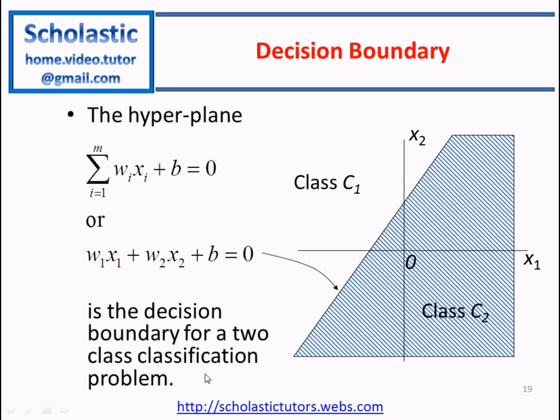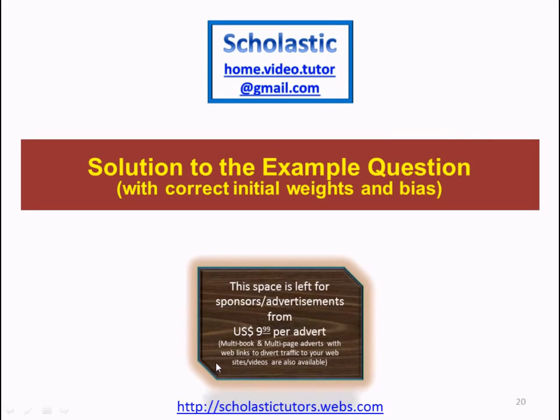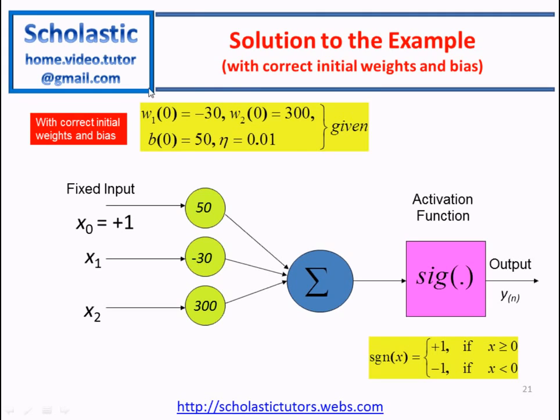Okay, let's try this example using the correct initial weights and bias. That means if you know the correct initial weights and bias, we can get the output without retraining. So let's see how. These are the weights and bias given. Basically, these can be obtained by training.